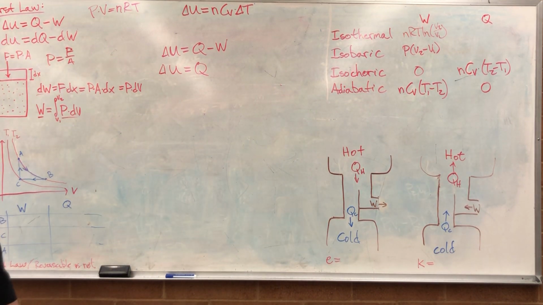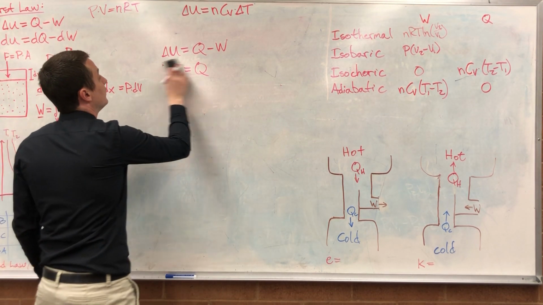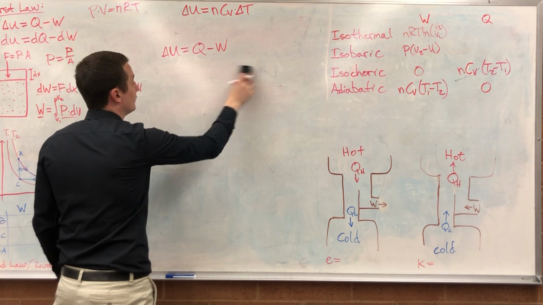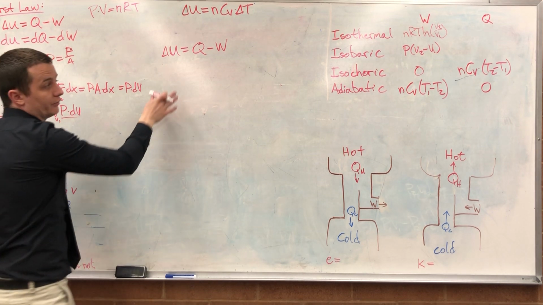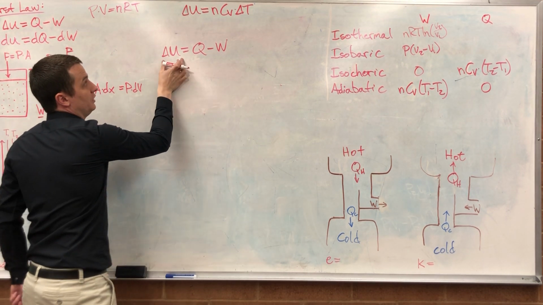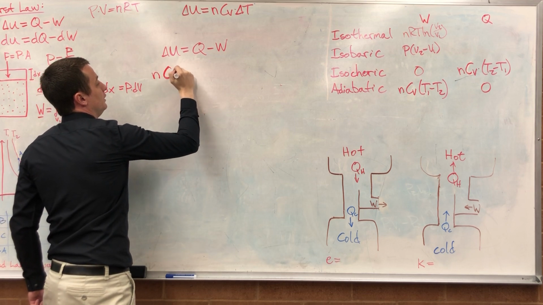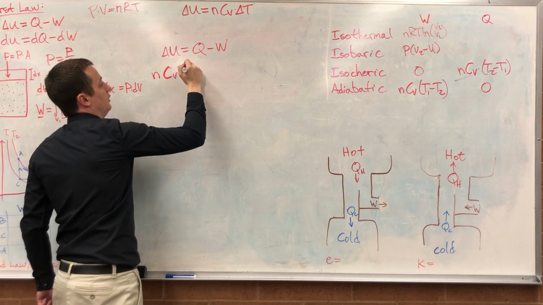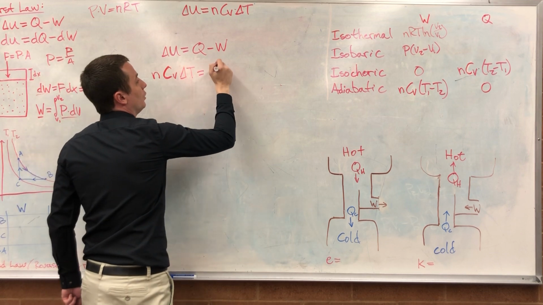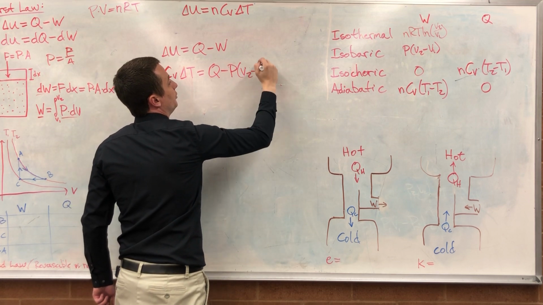Okay. What about an isobaric case? Yeah, so this one's kind of a messier one. Delta U, we know what that is. That's nCV times delta T, which is equal to Q minus P of V2 minus V1.